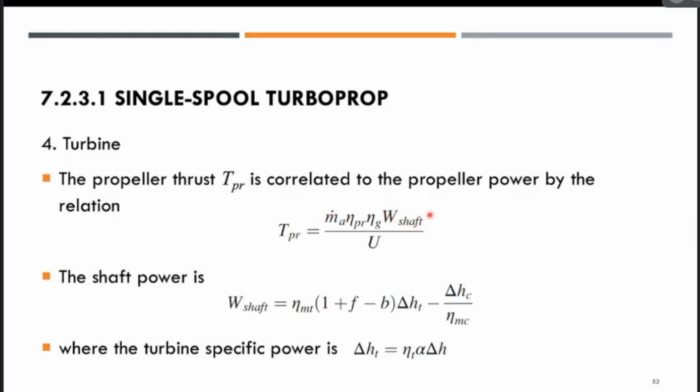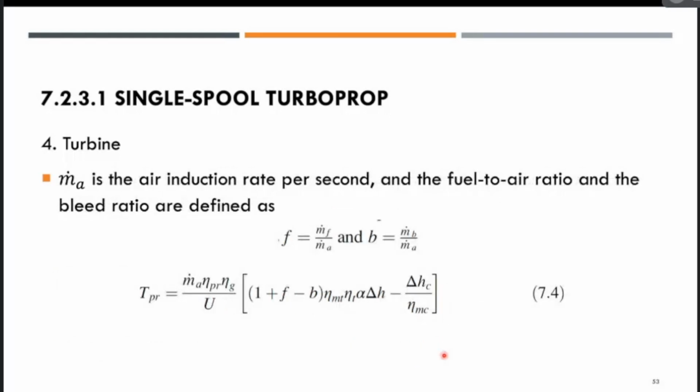We can see that there is a W shaft over there, where shaft power is basically in terms of the mechanical turbine efficiency, and we can also have the mechanical compressor efficiency in this expression, right? The turbine specific power is also given here, delta H_T, which is equal to the efficiency of the turbine times alpha times the enthalpy change.